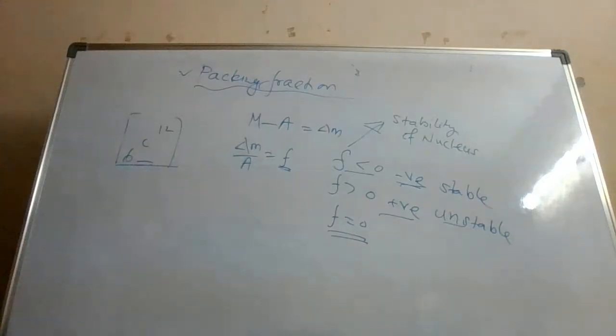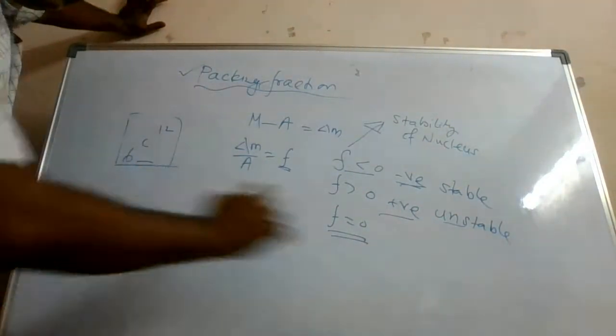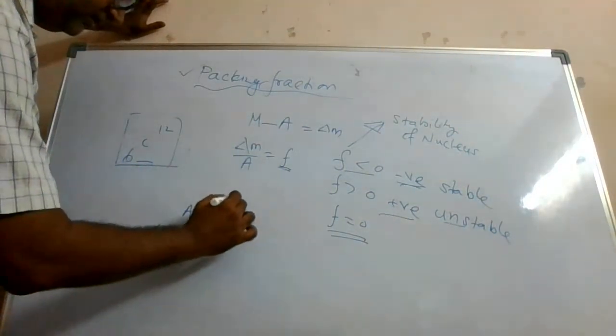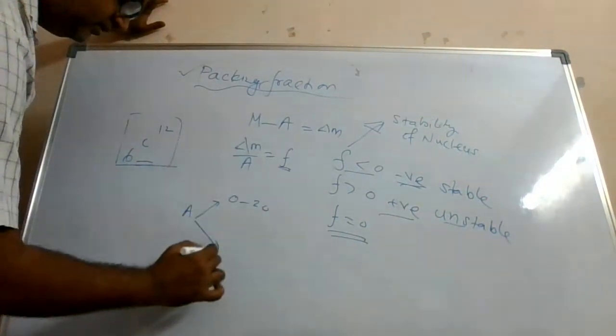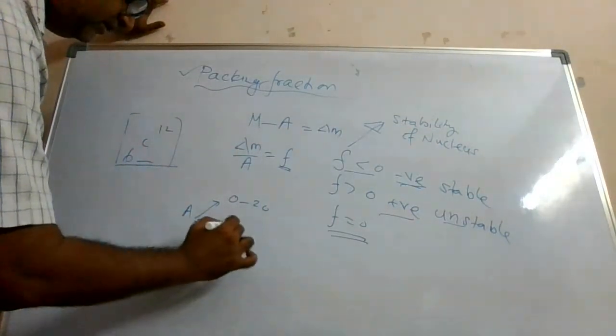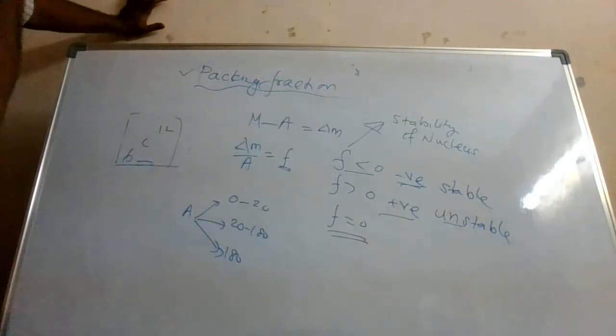If you look at your periodic table, we have three categories: A value between 0 to 20, greater than 180, and 20 to 180. In these three categories we will study.